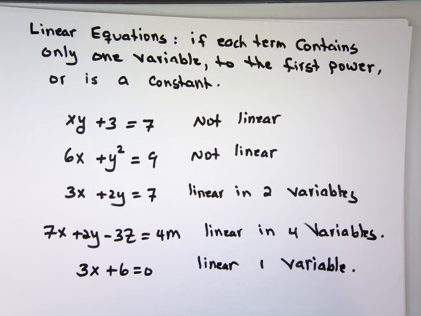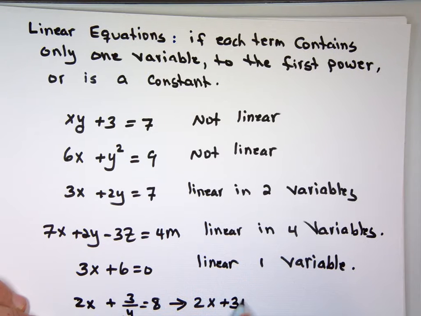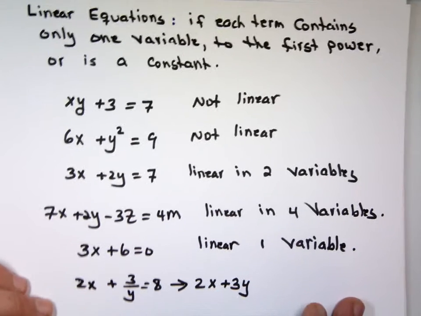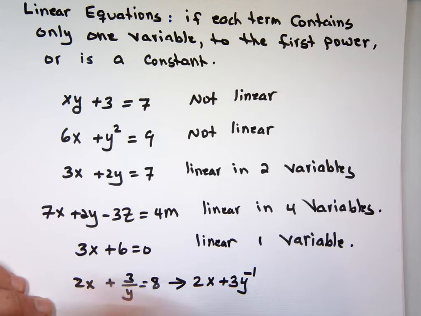By the way, if you have x's and y's in the bottom, it is no longer linear. So if I have, for example, 2x plus 3 over y equals 8, that's not linear. Why? Because you can write that as 2x plus 3y to what power? 3y to the power of -1 when you bring it up, equals 8.